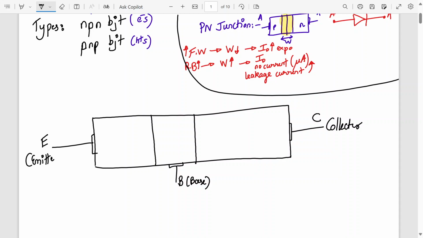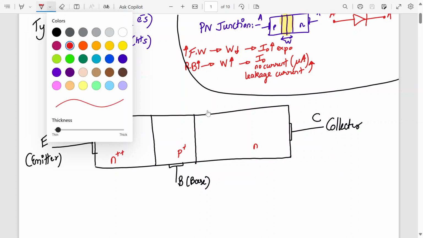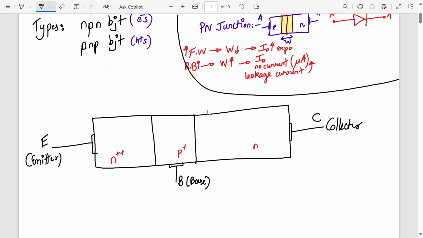Alright. Now this is made up of N, P, N. In fact, the doping concentration differs. Here I may write it as N plus plus, P plus, N layer. N plus plus means that the doping is higher.